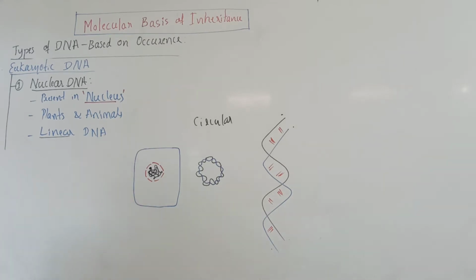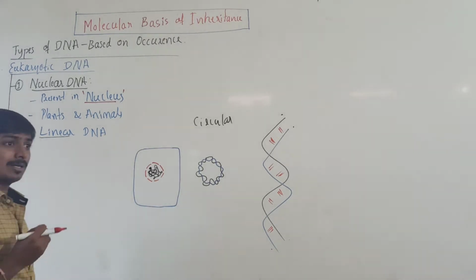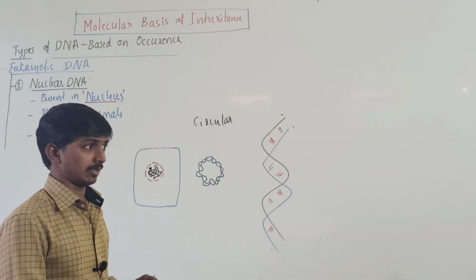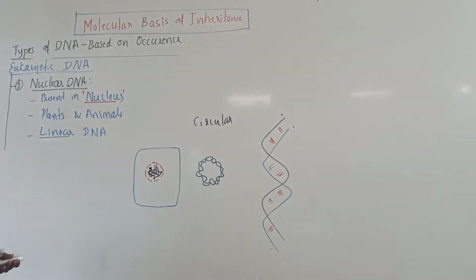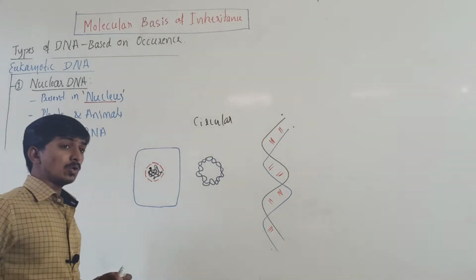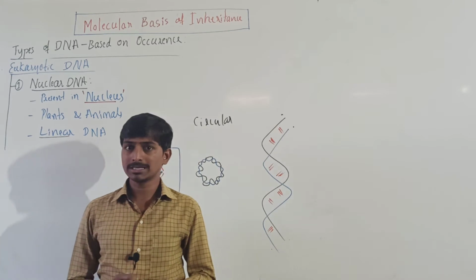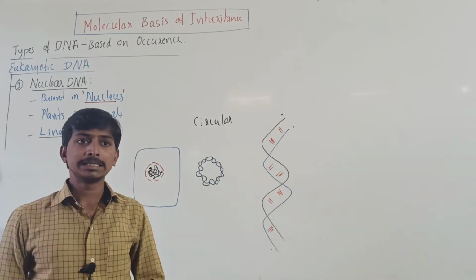But when we come to the cell, especially the plant cell, we have organelles called mitochondria and chloroplast. Those organelles also contain DNA.